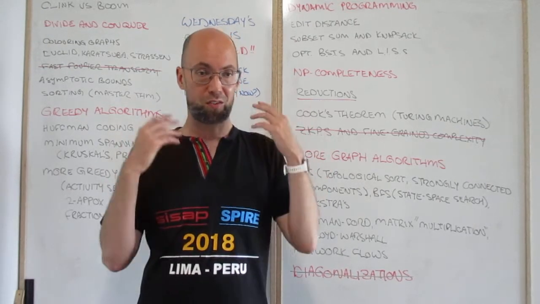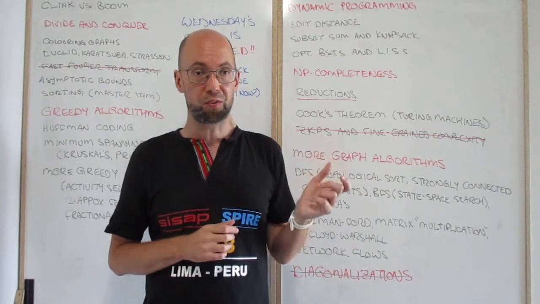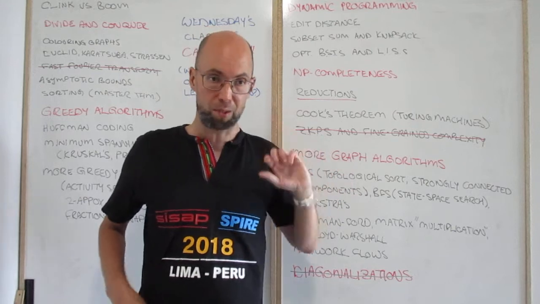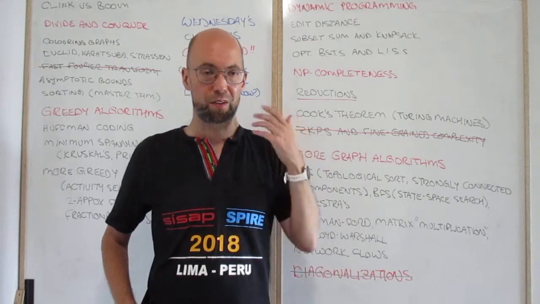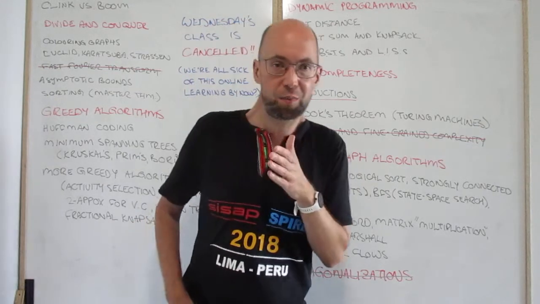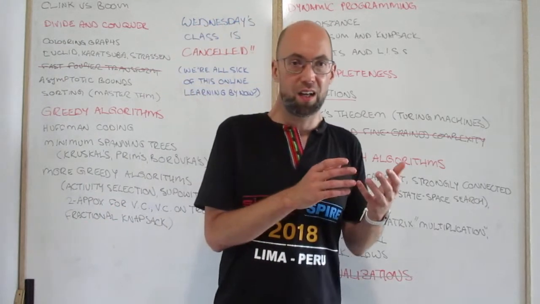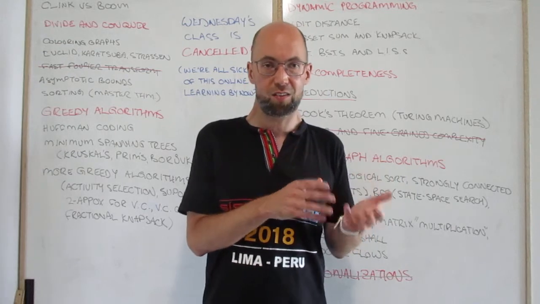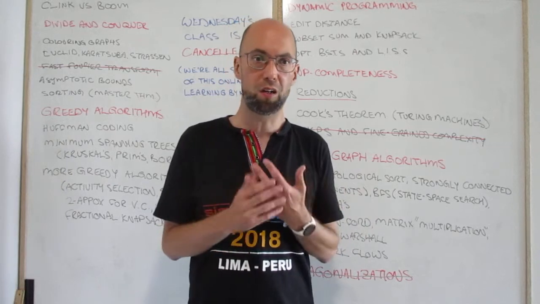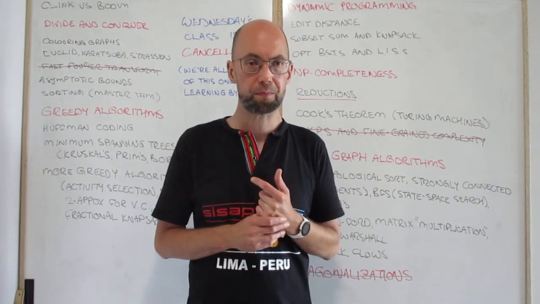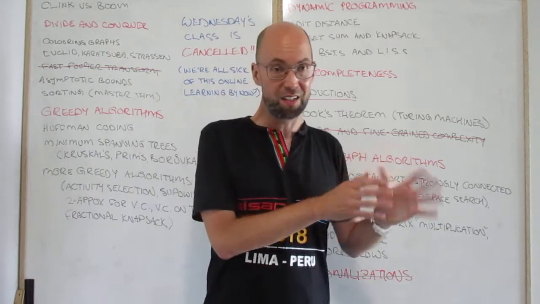Just think of reduces as turns into. So if A reduces to B, and we have a polytime algorithm for B, then we have a polytime algorithm for A. This means that we have an instance for A, we can turn it into an instance of B, such that the instance of A is a yes instance if and only if the instance of B is a yes instance.